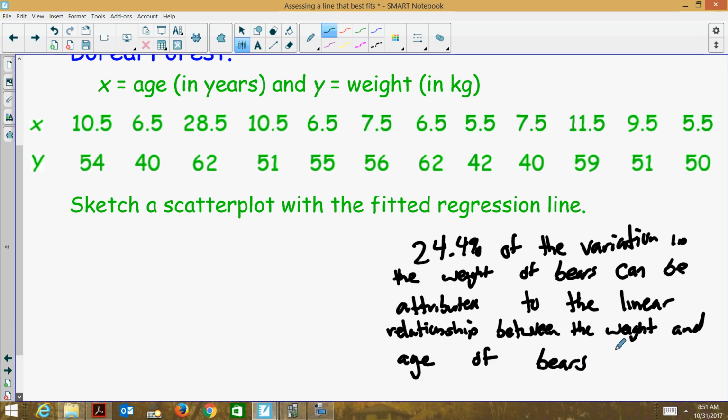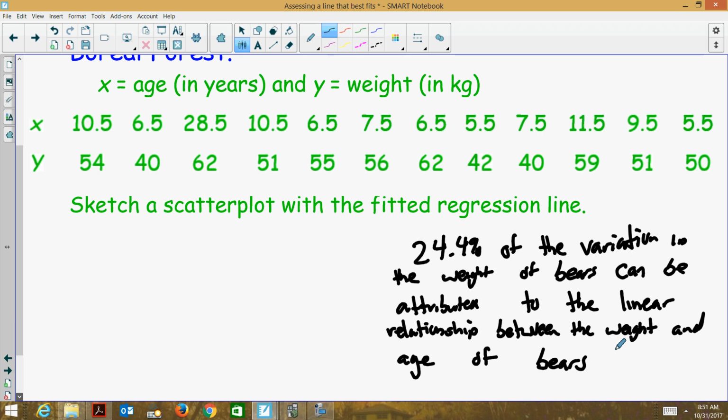So this means two things. We know that a quarter of the differences in the weights of bears is attributed to our linear model. But we also know that 75% of the differences is unknown. It's because of a lot of other different variables.